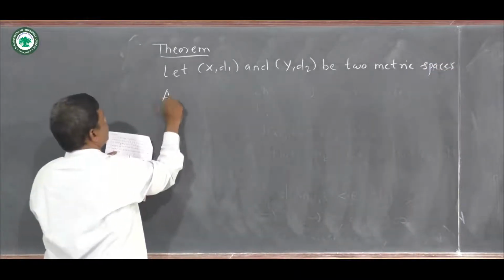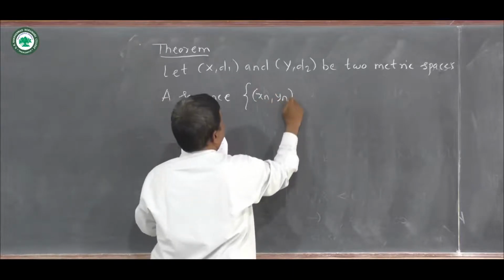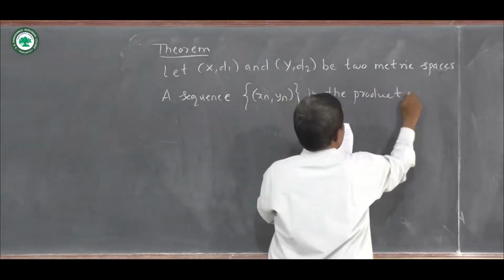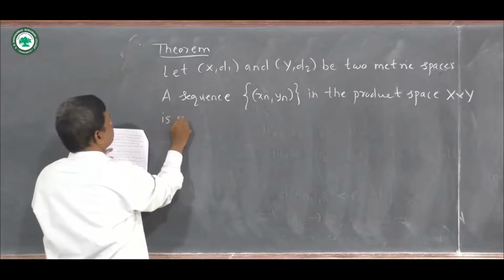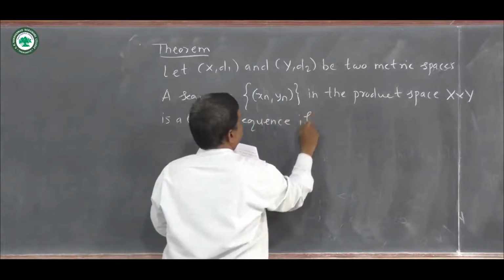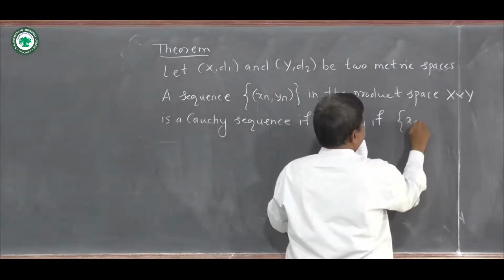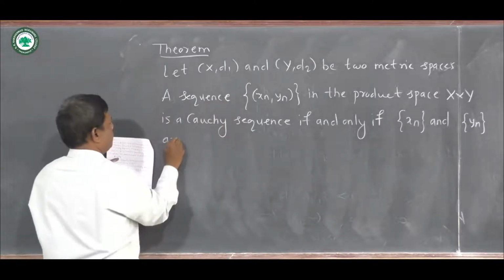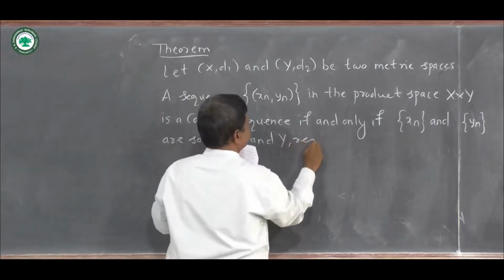A sequence (x_n, y_n) in the product space X cross Y is a Cauchy sequence if and only if x_n and y_n are Cauchy sequences in X and Y respectively.